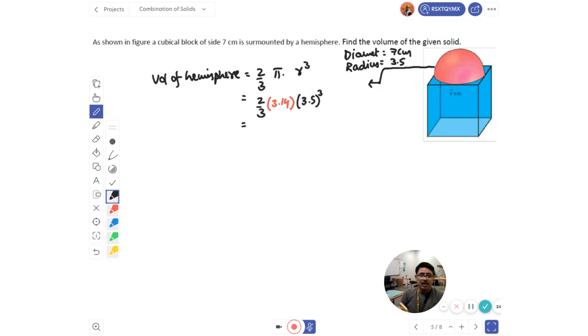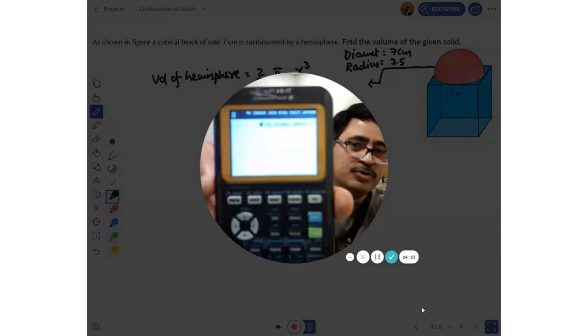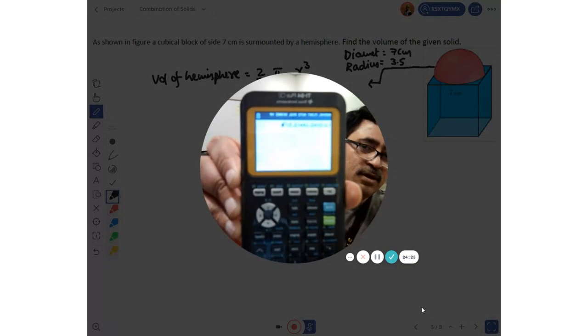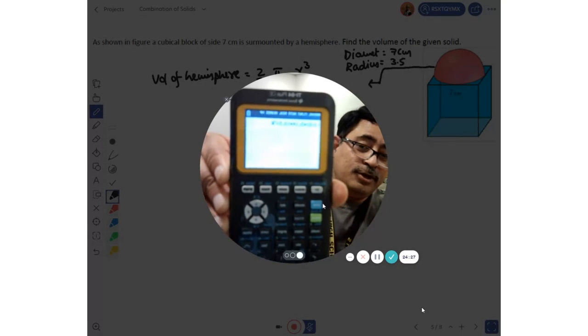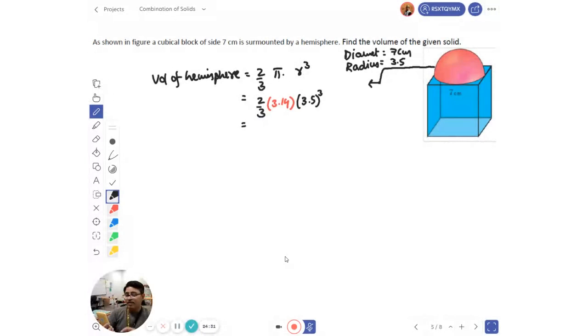See, I recommend you put the parenthesis. Do you see that? I suggest you keep the parenthesis properly. Here I'm going to show that. Please see that I'm using a parenthesis. Okay, so what's the result here?